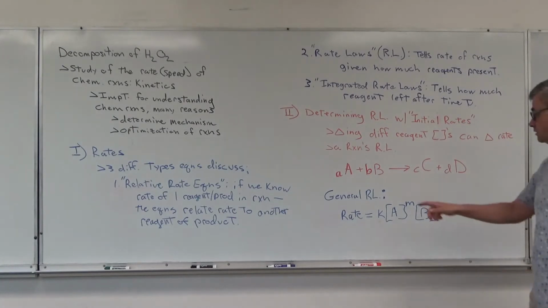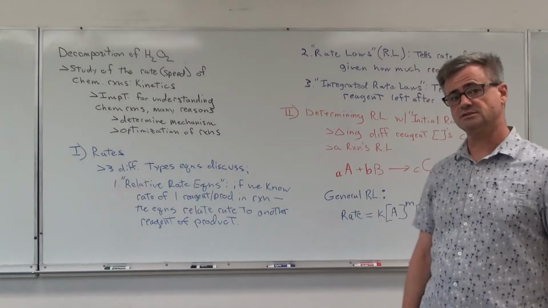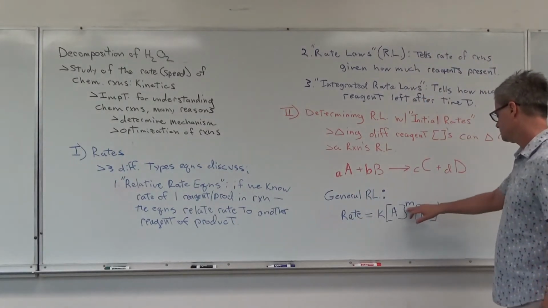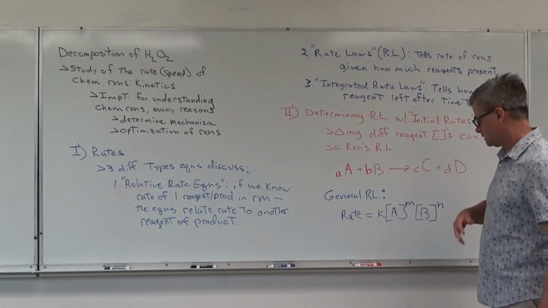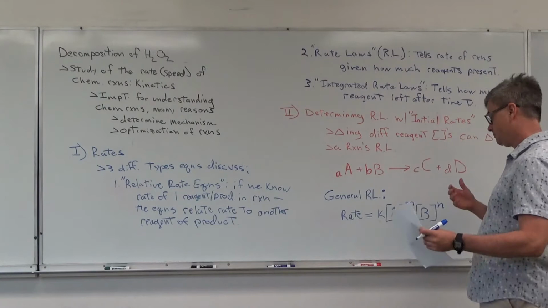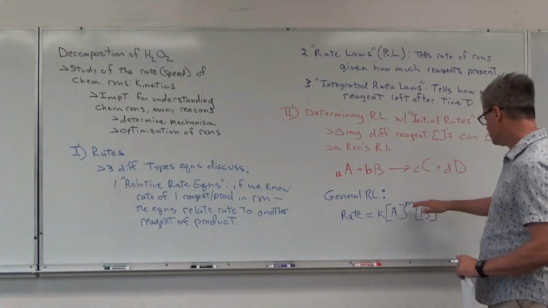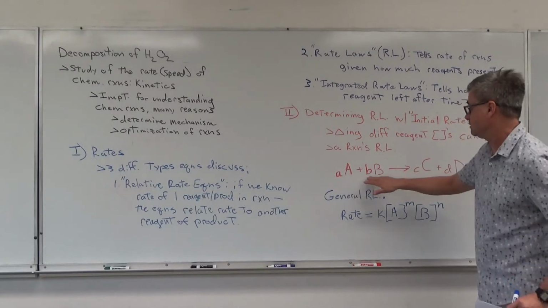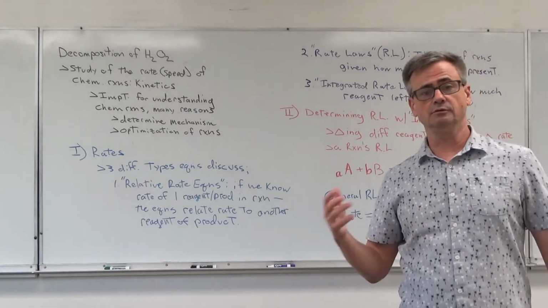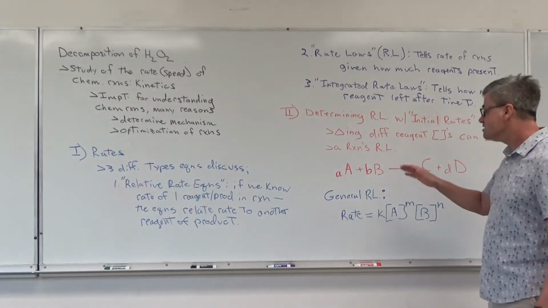There are other situations, for instance when we deal with equilibrium and equilibrium constants, where we set up a very similar form, and these exponents are actually the coefficients. But for a rate law, if we don't know anything more about the reaction, they are not necessarily the coefficients.